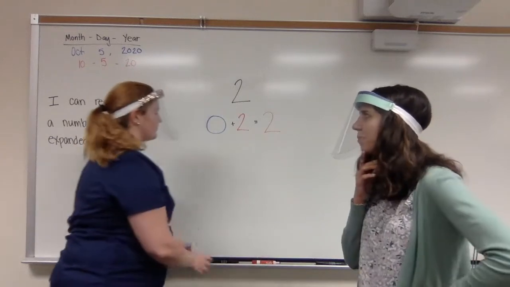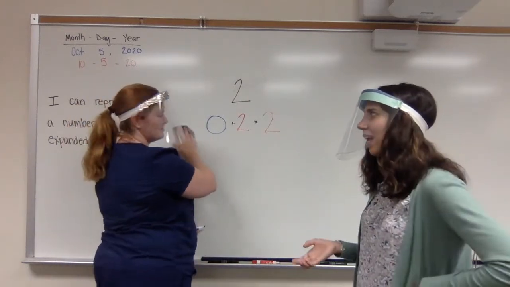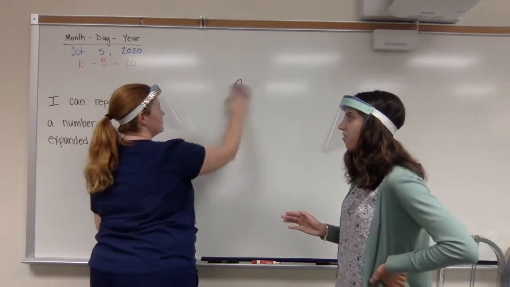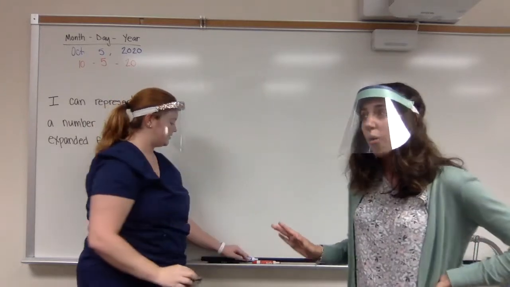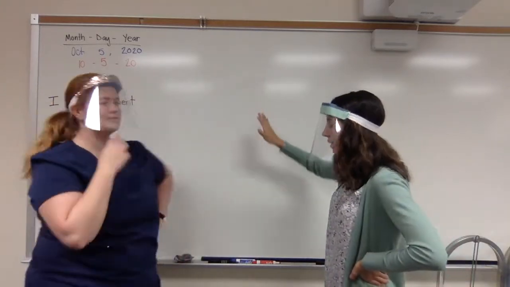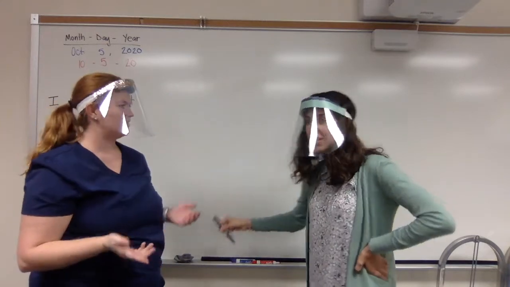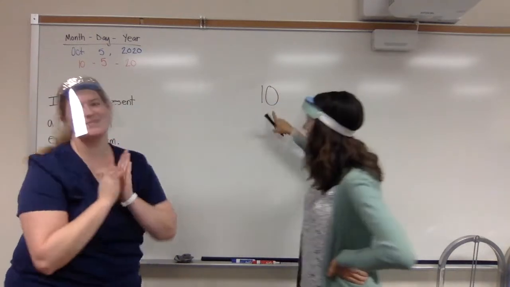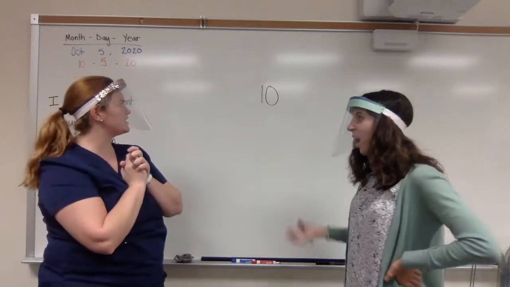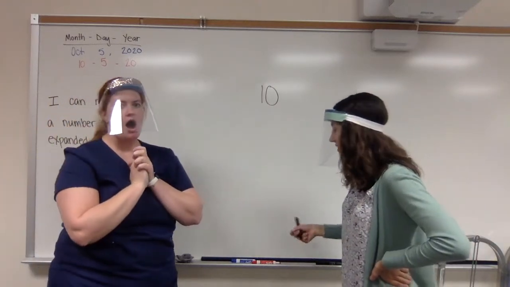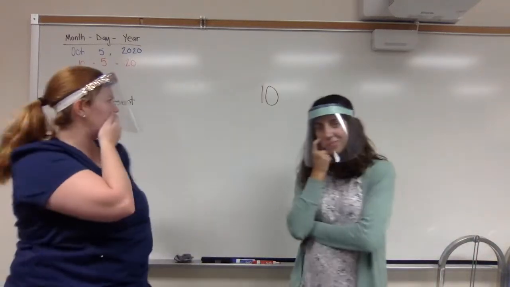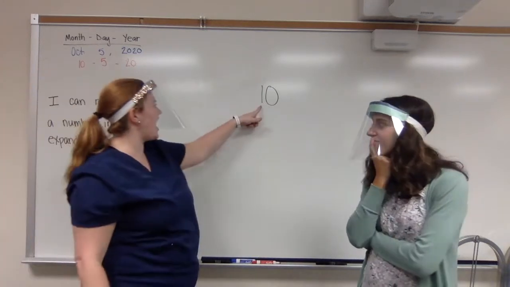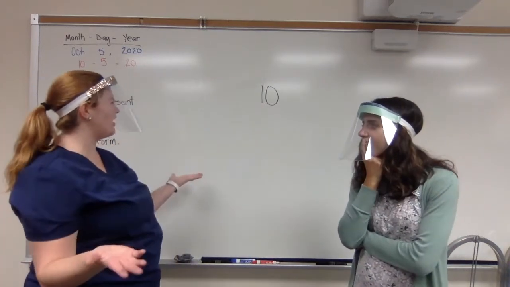Well, Miss Lynn, I'm thinking I have a challenge one for us. So we already did one where there were no tens. But what happens if we have the number 10? There's a 10, but there are no ones.